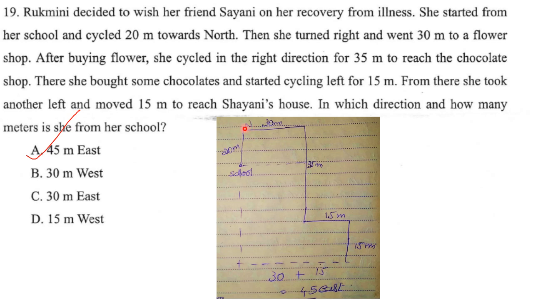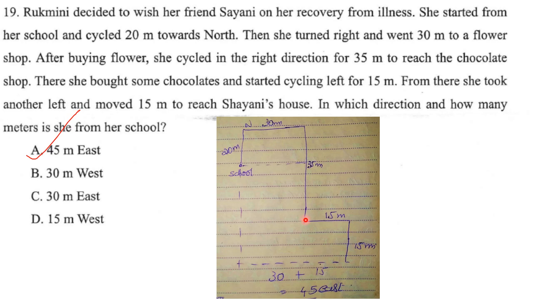Then she turned right and went 30 meters to a flower shop. After buying flowers, she cycled in the right direction, that is here, this way, for 35 meters to reach the chocolate shop. This is the chocolate shop over here. So 35 meters she cycled to reach the chocolate shop.